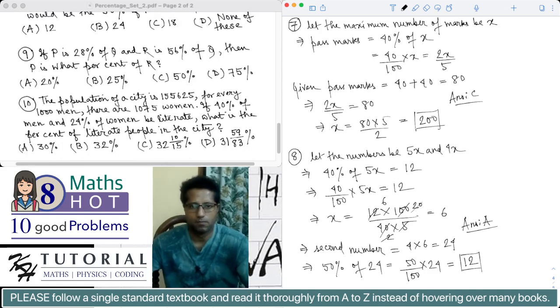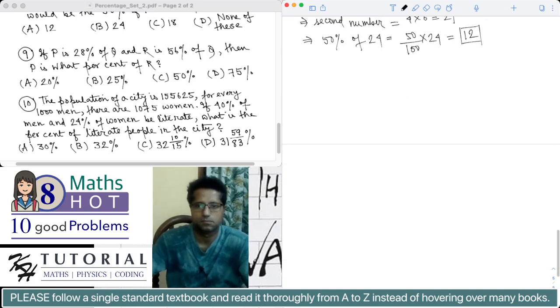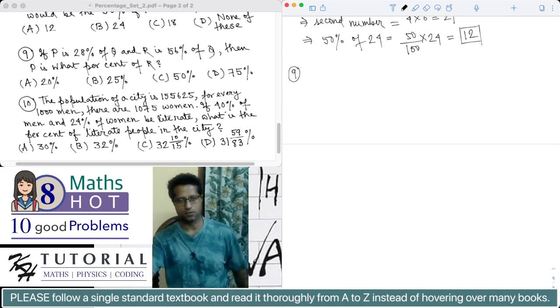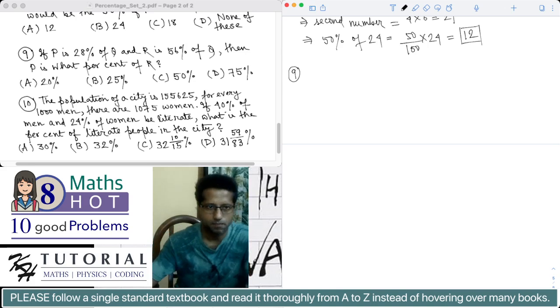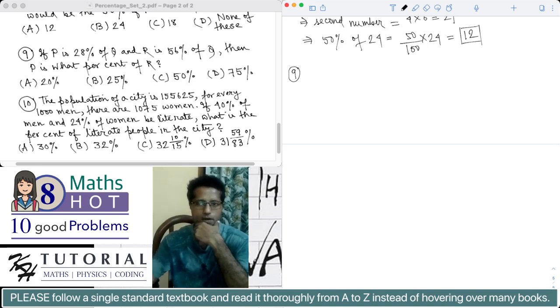Let's do problem number 9. It is given that if P is 28% of Q and R is 56% of Q, then P is what percent of R?